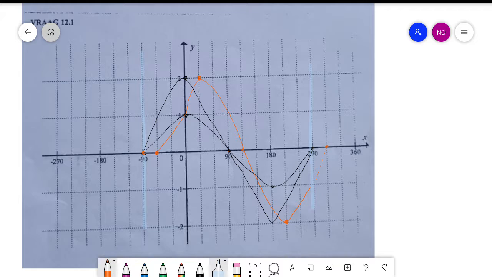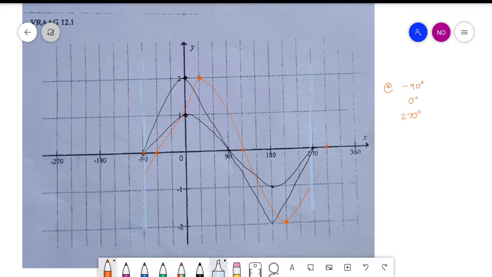I'm maybe going to change it a bit now, because we're going to work out the y-intercept. Okay, and then this one also carries on. Do you guys agree? Do you have the basic form of it as it is there, the orange one? Okay, now we need to calculate at -90, at 0, and at 270.